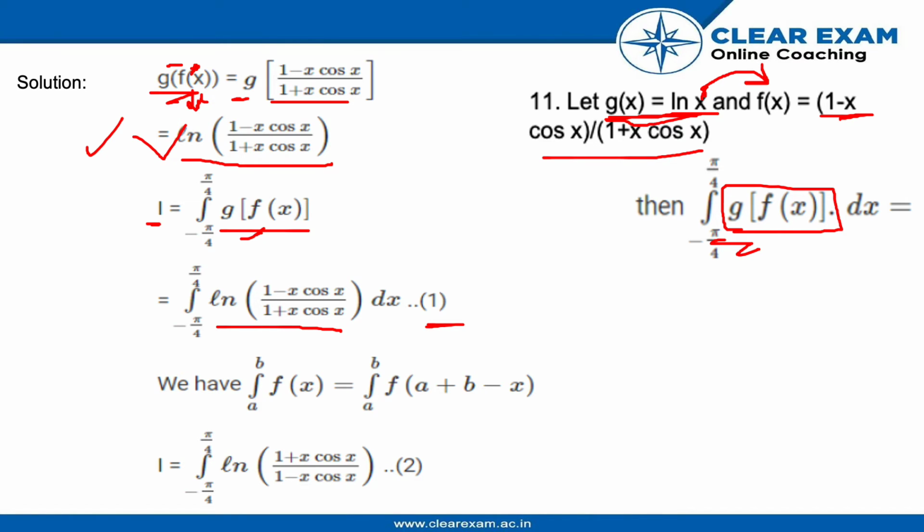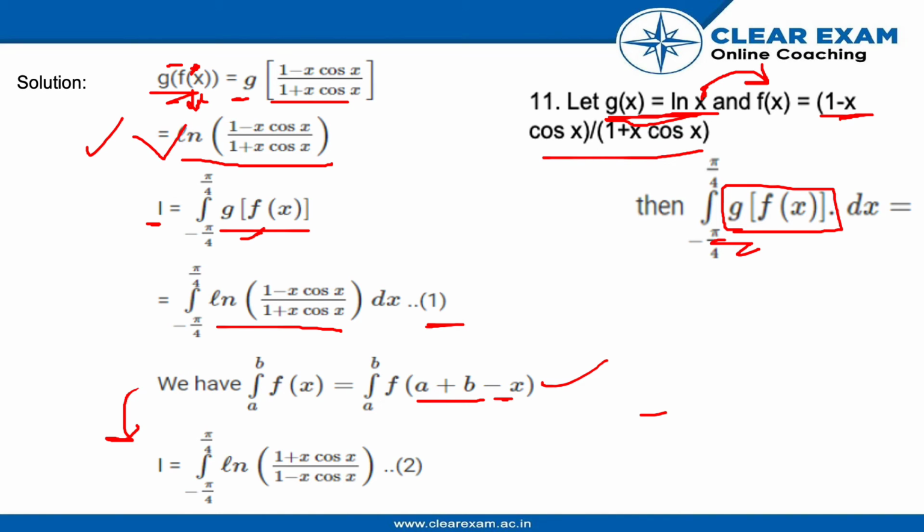And we know the property that the integral from a to b of f(x) equals the integral from a to b of f(a + b - x). This is the property we have to remember, and we will use it here. I equals the integral from -π/4 to π/4 of ln((1 + x cos x)/(1 - x cos x)). How is it possible?